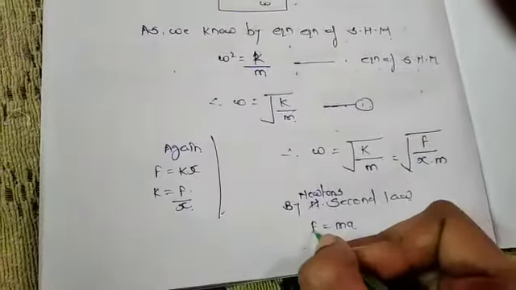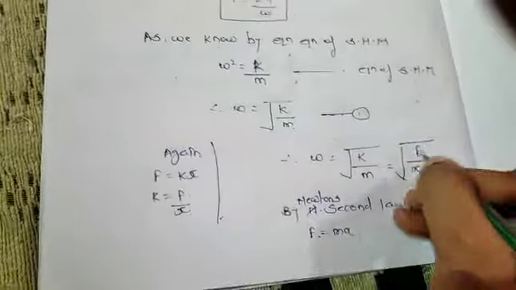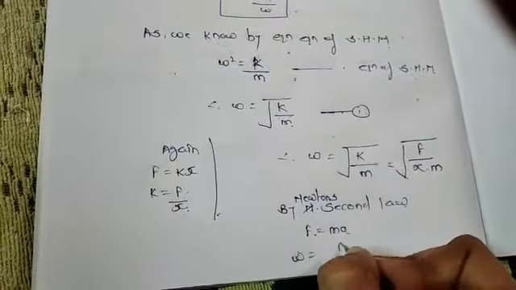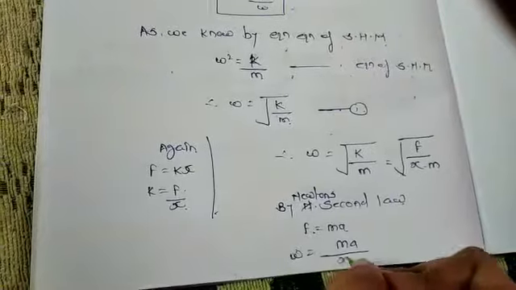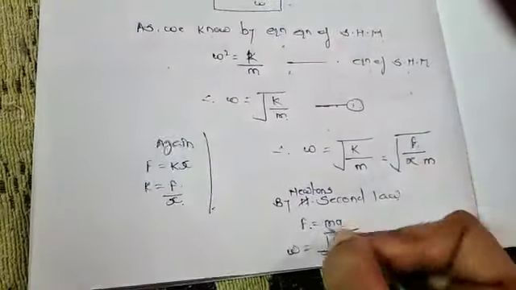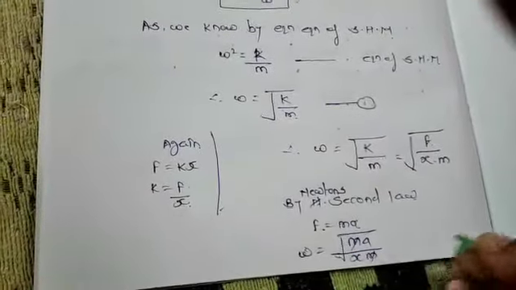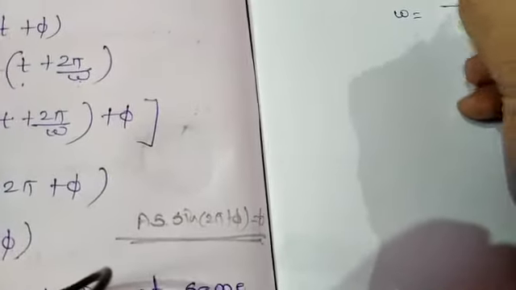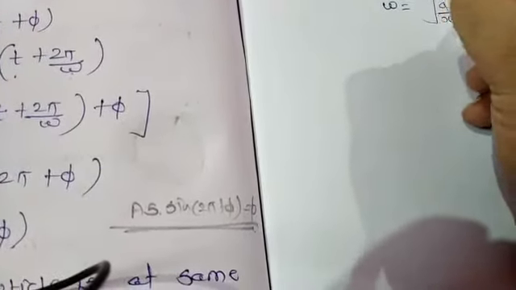So the equation becomes ω is equal to root of ma upon x into m. I have written ma instead of F. The m will cancel and we have ω is equal to root of a by x.